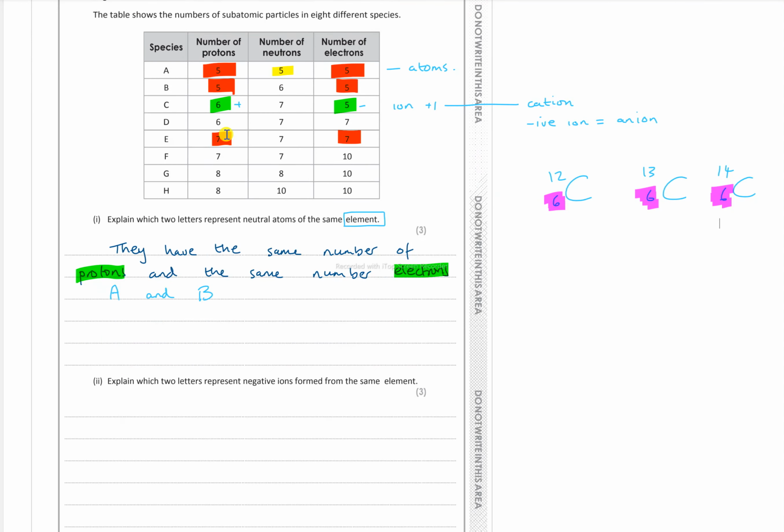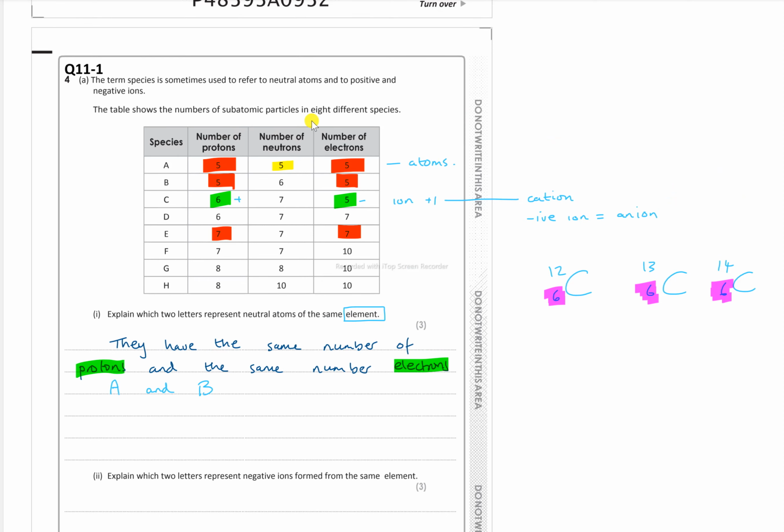Explain which two letters represent negative ions. Right. If the number of electrons is bigger, right, now they are all negative.